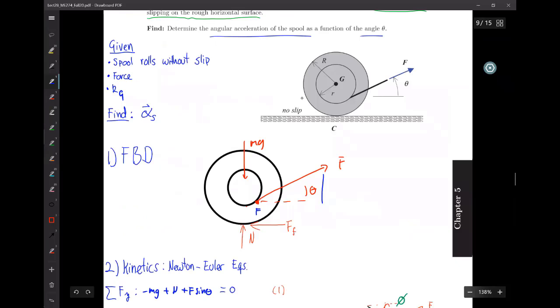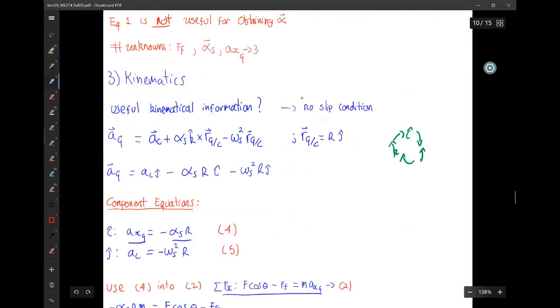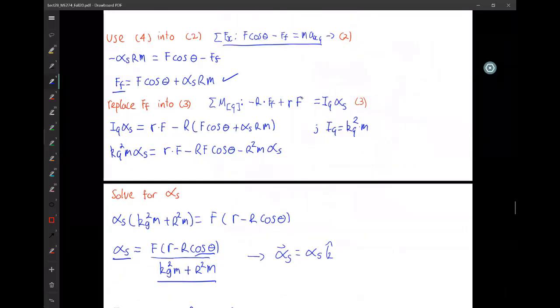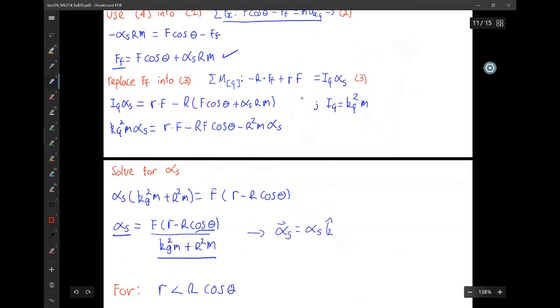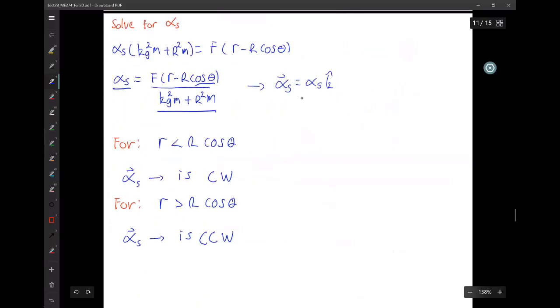If the angular acceleration is positive, then this guy is going to move like that. So if I'm pulling to the right, and the angular acceleration is positive, what's going to happen with that spool? It's going to wrap around. So what do I need for that? I need cosine theta to be big, such that r is small, right?